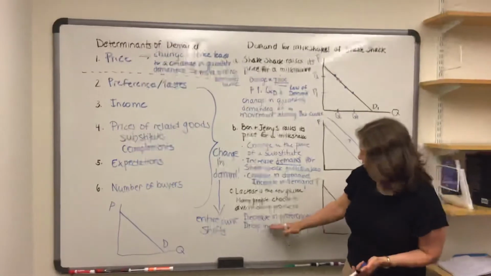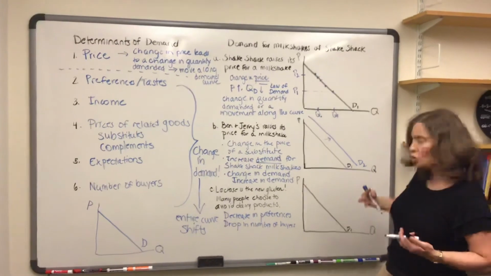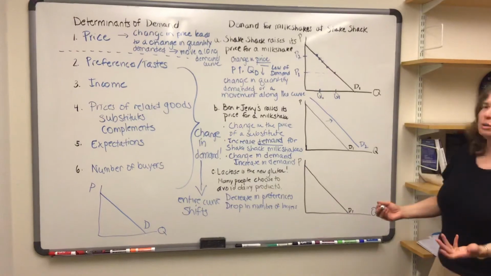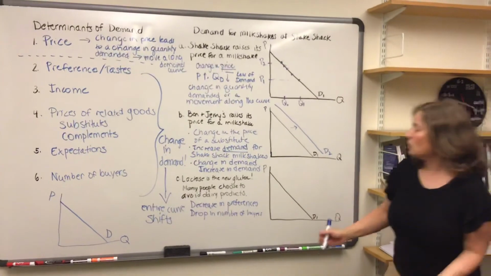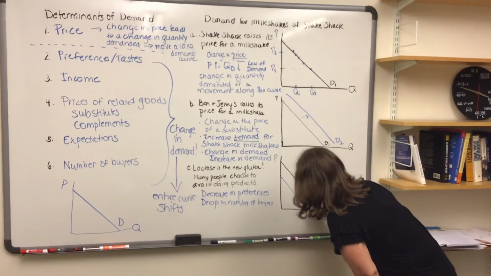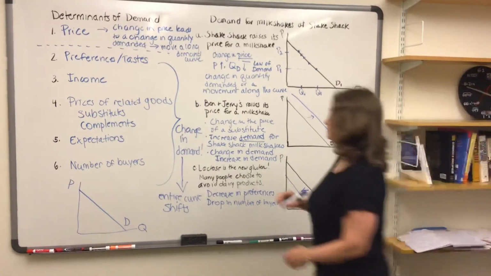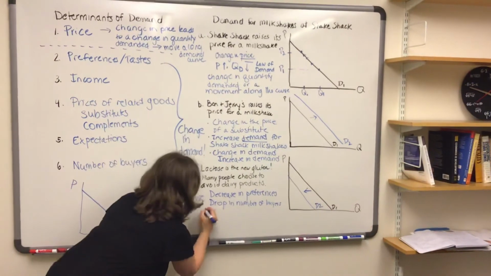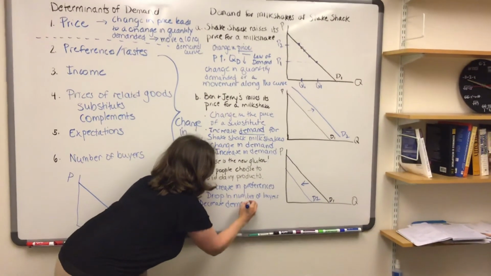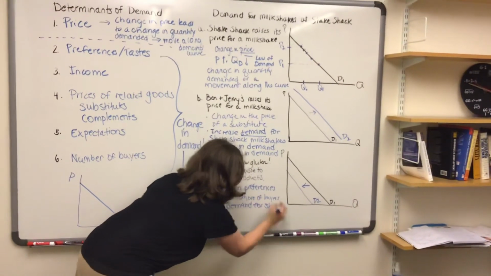Now, I have a decrease in preferences or a drop in the number of buyers interested in milkshakes. And again, we don't need to know what the specific price of a milkshake is at Shake Shack. All we need to know is which determinant is changing and in which direction. Here, what we'd expect is a decrease, or a leftward shift, in my demand curve. So we'd expect this to decrease the demand for Shake Shack milkshakes.